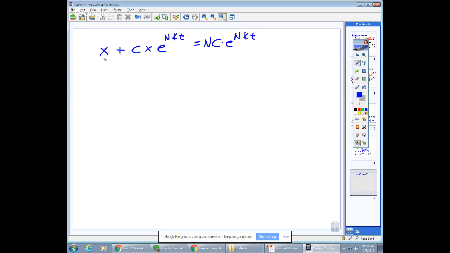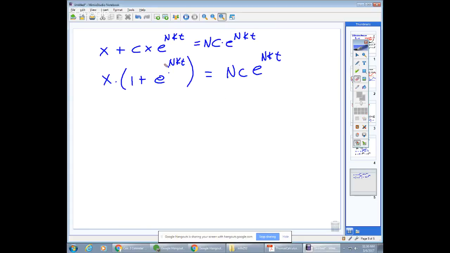Okay. I have the x's together so I can factor out the x. And then I'm going to get a 1 plus c e to the nkt equals nc e to the nkt. And we are almost done. We just have to break that multiplication by dividing. Oh my, where'd that extra e come from?